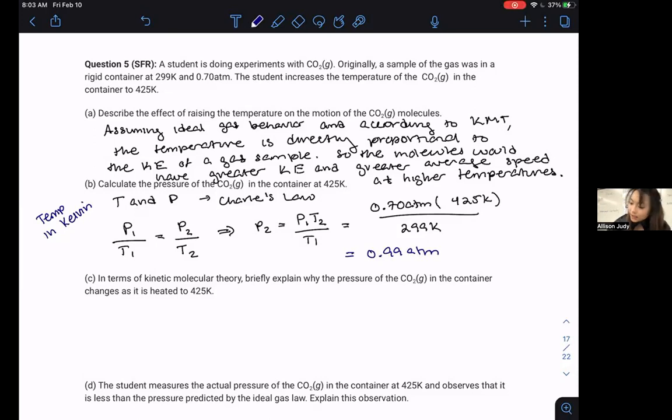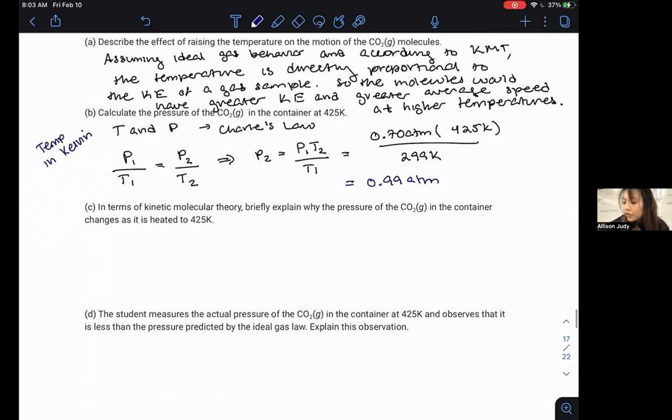All right, next one. In terms of kinetic molecular theory, briefly explain why the pressure of the carbon dioxide gas in the container changes as it is heated to 425 Kelvin.